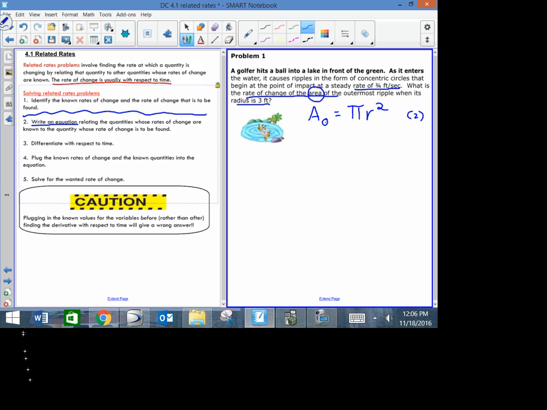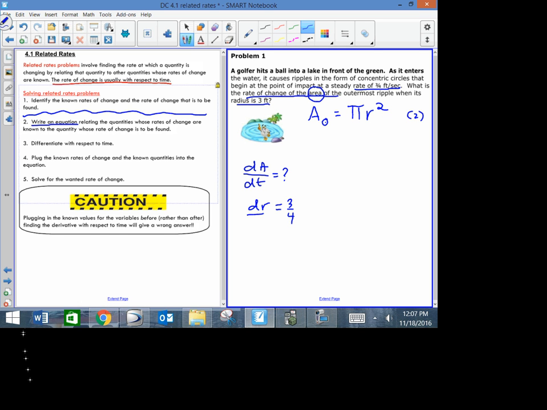So we don't know that, right? So dA/dt is unknown. So the 3/4 has got to be what? It's the rate of change of the radius with respect to time.